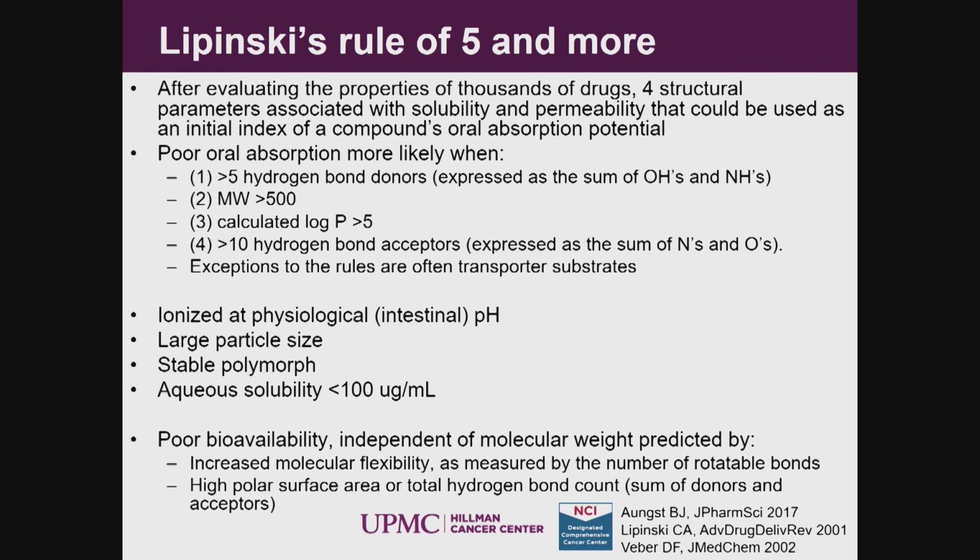Basically, based on a big data set, poor oral absorption is more likely when there are more than 5 hydrogen bond donors, the molecular weight is more than 500, the calculated log P is more than 5. Too much of a good thing is not great either, because then compounds won't leave the membrane. And more than 10 hydrogen bond acceptors. Exceptions to the rules are often transporter substrates, as you can imagine.